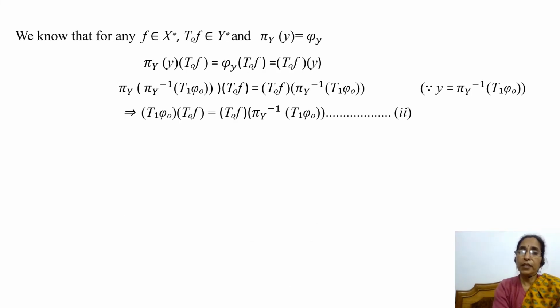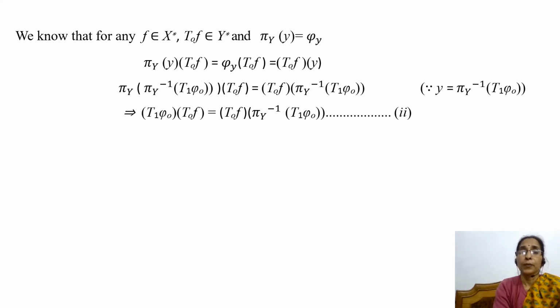We know that for any f belongs to x star, T naught f belongs to y star. Why? Because T naught is a mapping from x star to y star. And we also know that pi y of y is equal to phi y. Since pi y of y and phi y are elements of y double star, these are mappings from y star to K. And since these two mappings are equal, they map every element of y star to the same element.